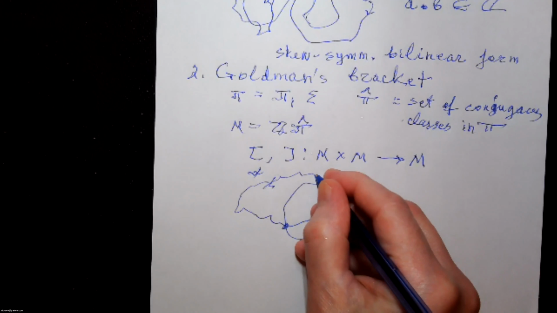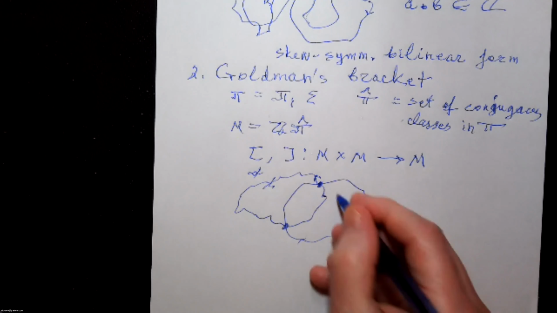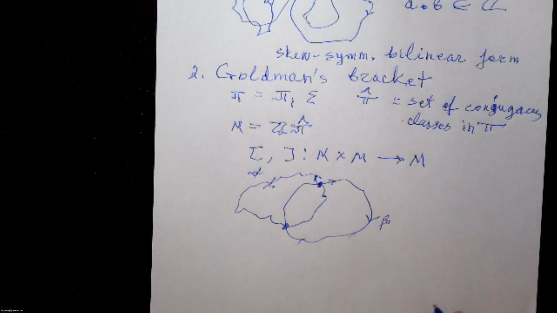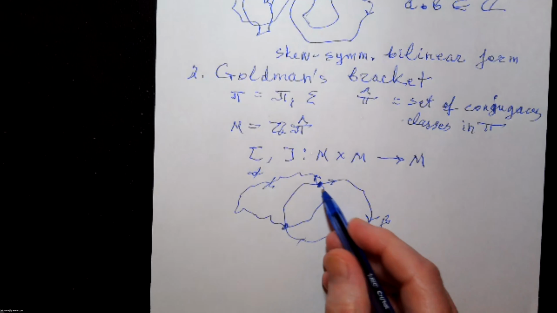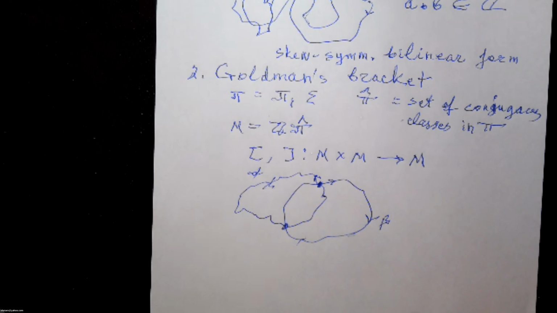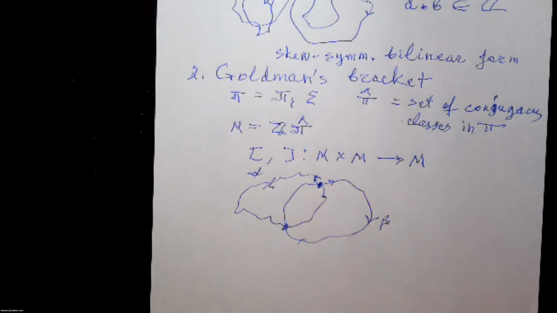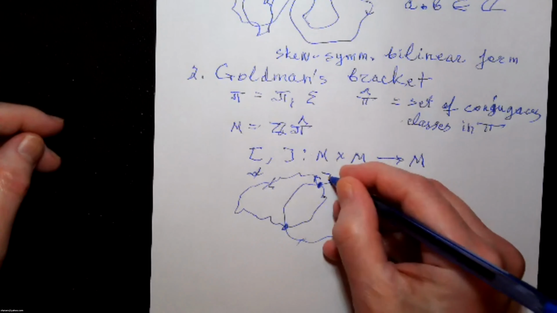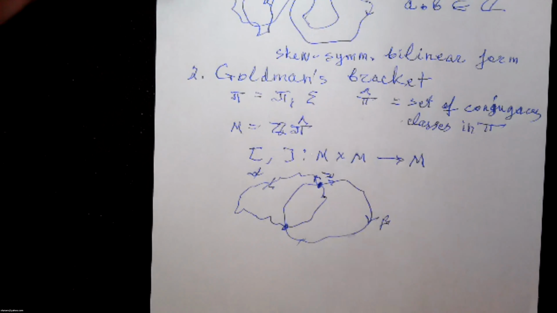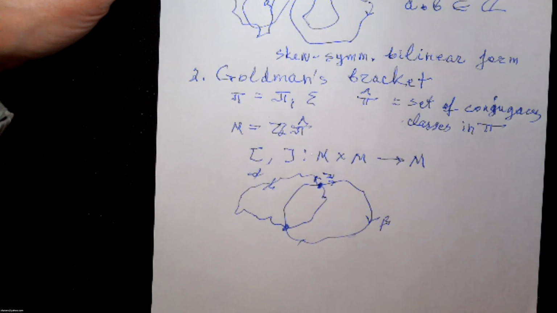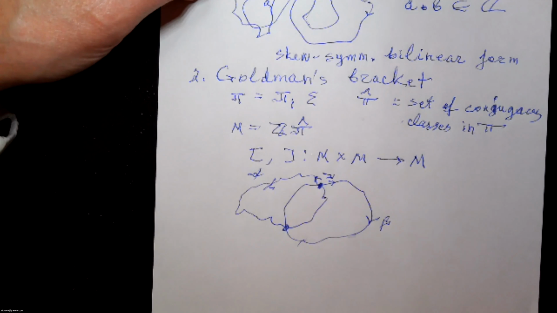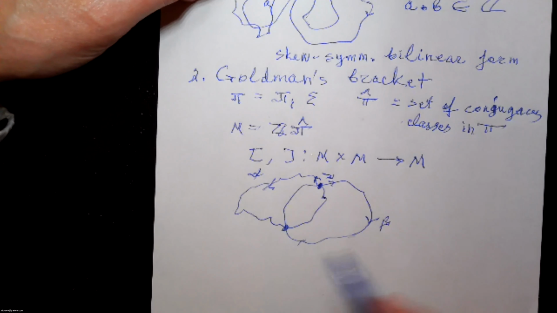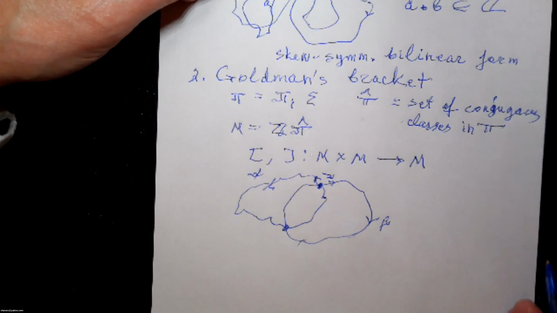Here we have the tangent vector of alpha and the tangent vector of beta. So this pair of vectors determines the sign, plus or minus. It is plus when the direction from alpha to beta coincides with the orientation of sigma. And it is minus in the opposite case, when the direction of alpha followed by the direction of beta at this point is negative.